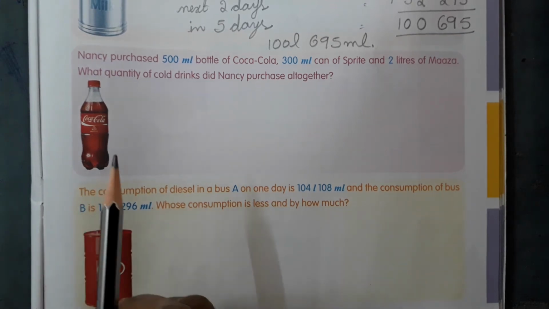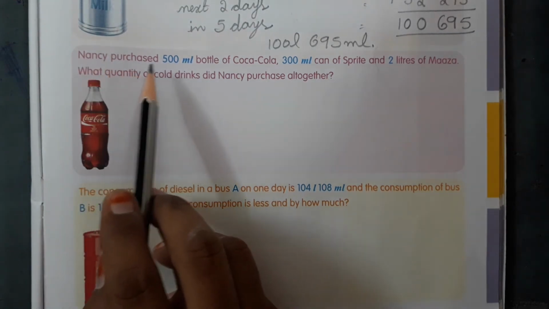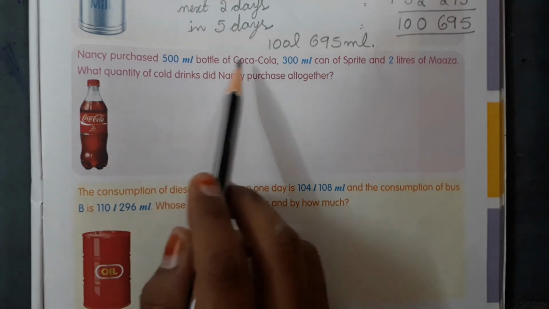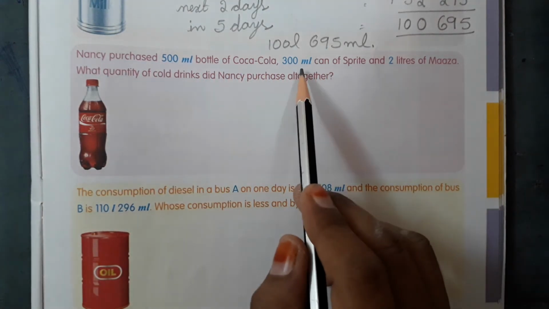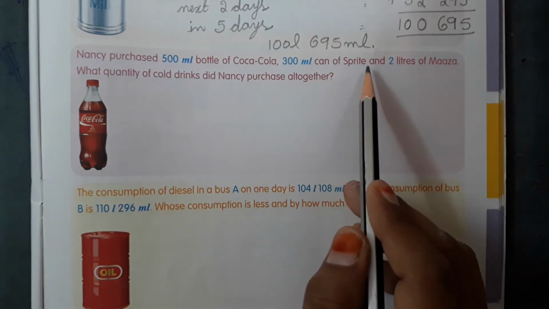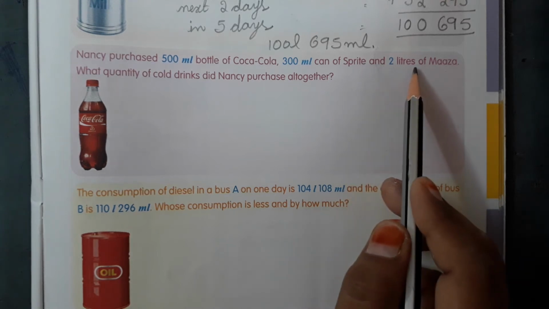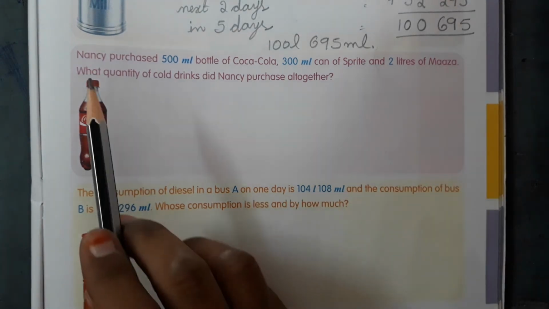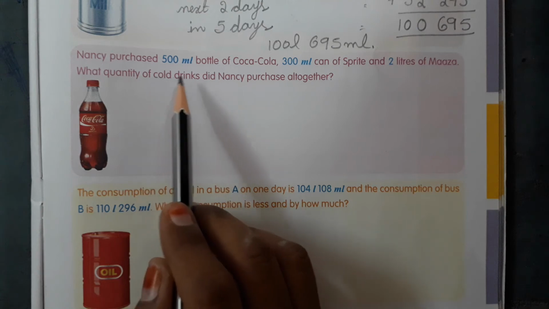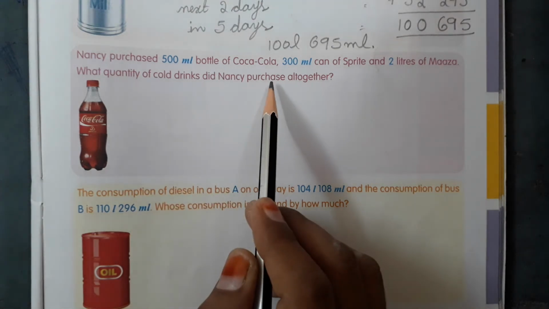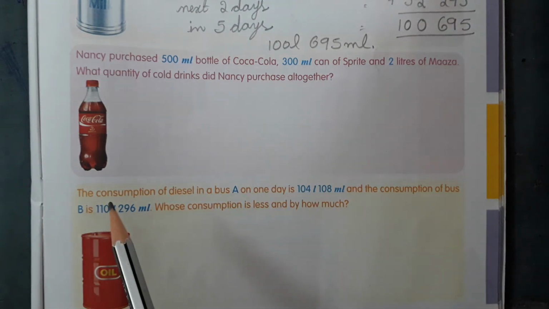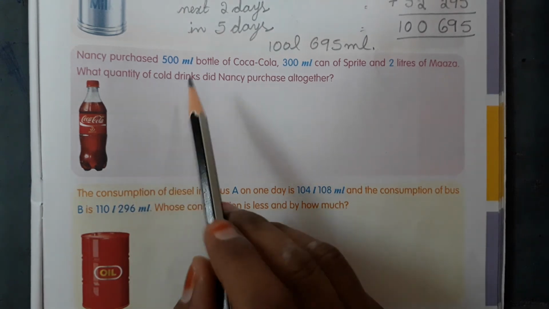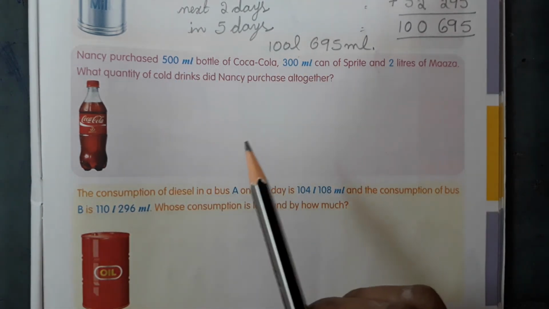Read the next sum. Nancy purchased a 500 ml bottle of Coca-Cola, a 300 ml can of Sprite and 2 liters of Maaza. What quantity of cold drinks did Nancy purchase all together? So you have to add all these quantities.